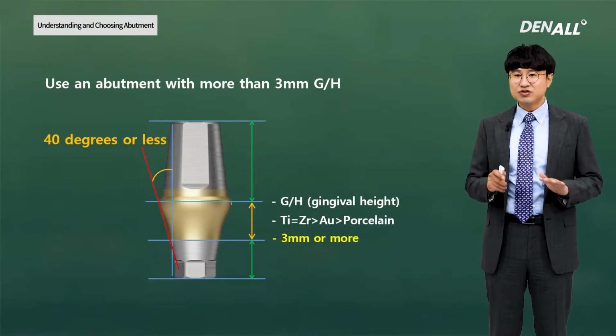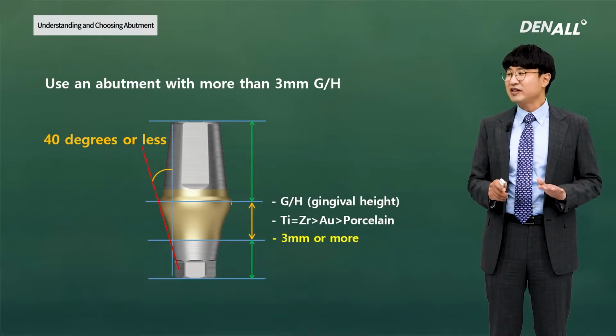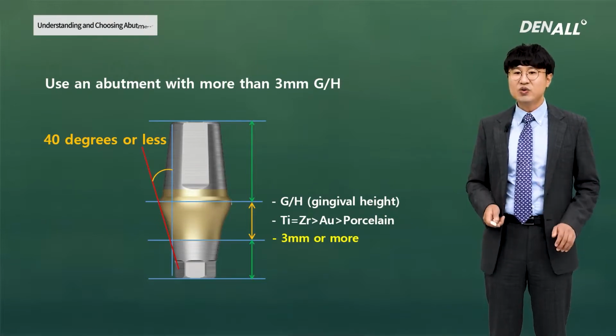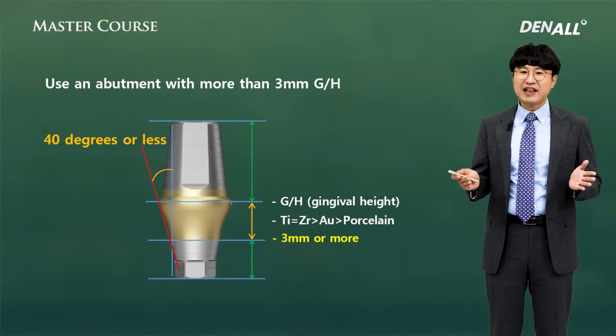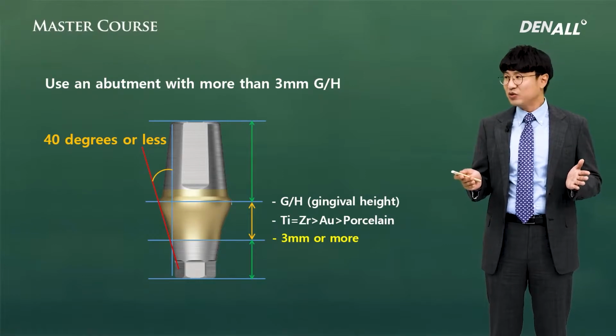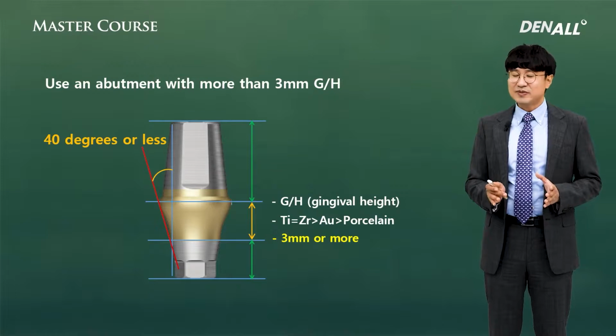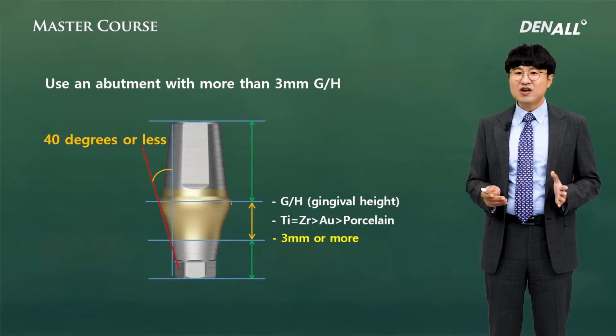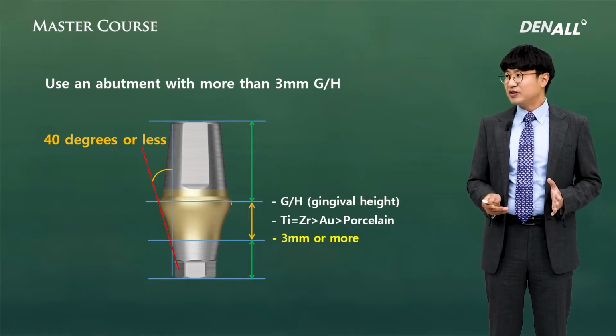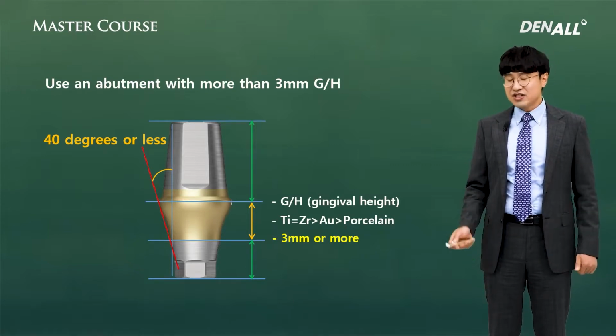To do so, sufficient placement depth should be secured according to soft tissue. Also, avoiding too much tapering is very important. However, if you prefer a too thin, small diameter abutment, the appearance of the prosthesis will not be very good. So to reproduce appropriate appearance, an appropriate abutment should be chosen or fabricated.